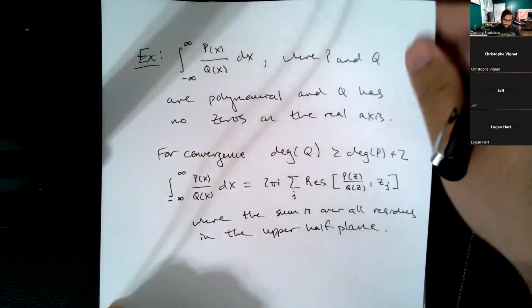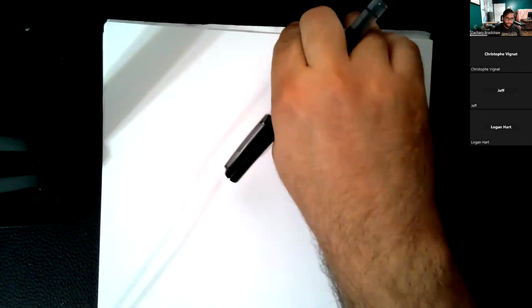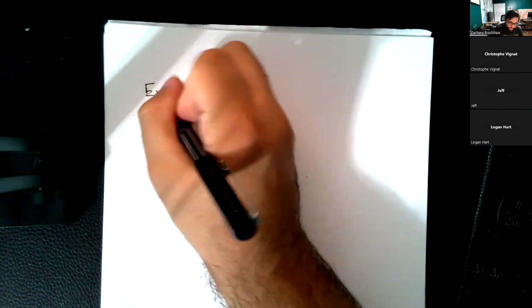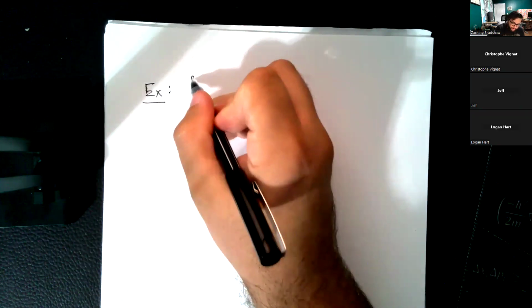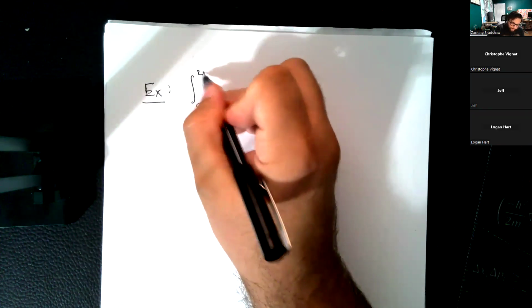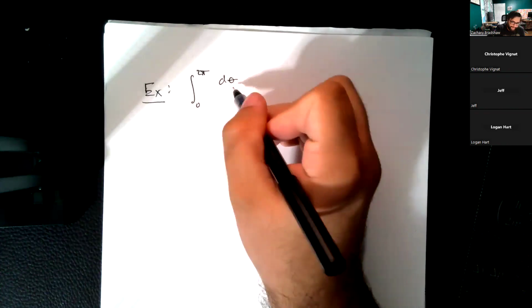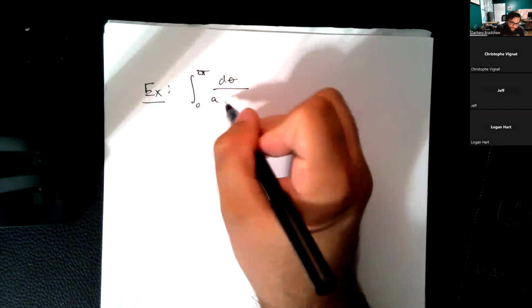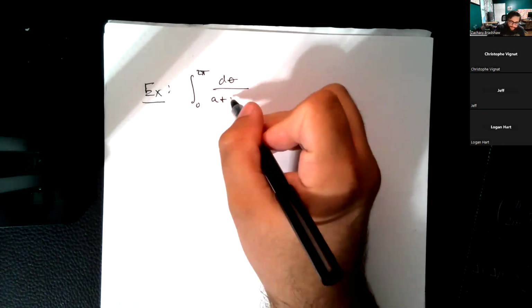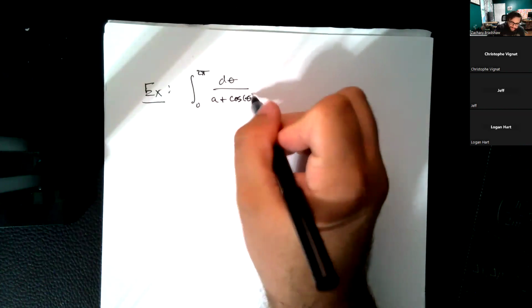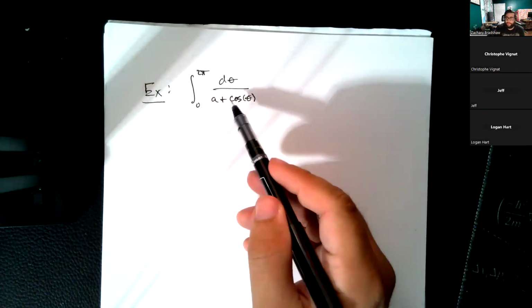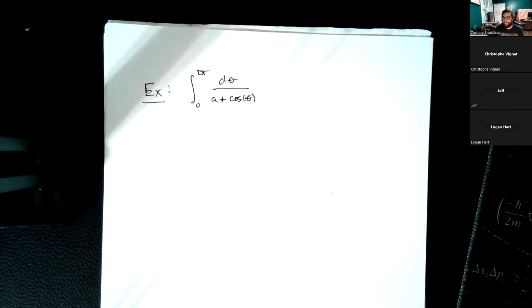Okay, so we do another example. So this example is of a different flavor. We're not going to write this as a contour containing the integral we want plus other junk. Instead, we're going to transform this integral into an integral in the complex plane.